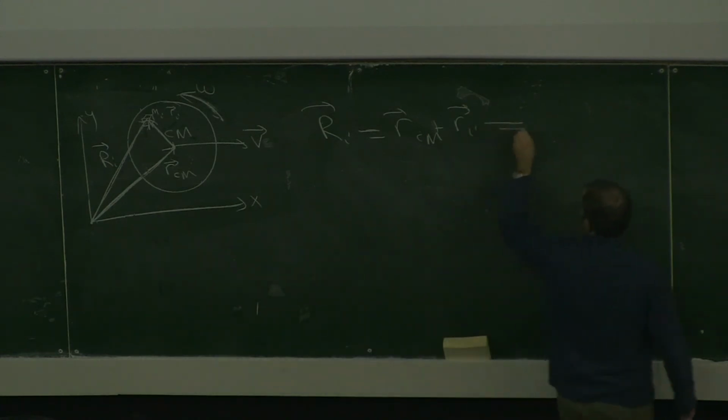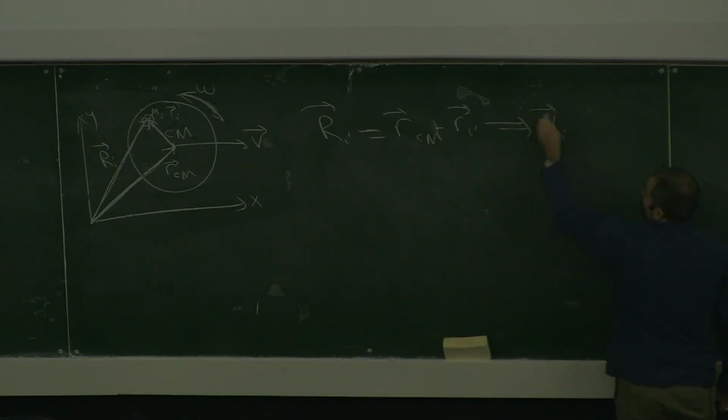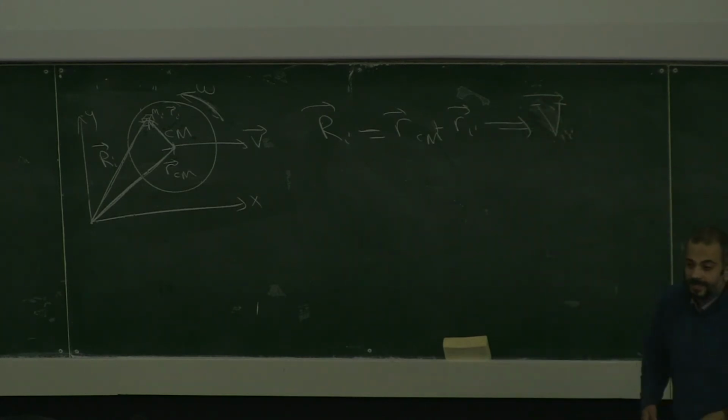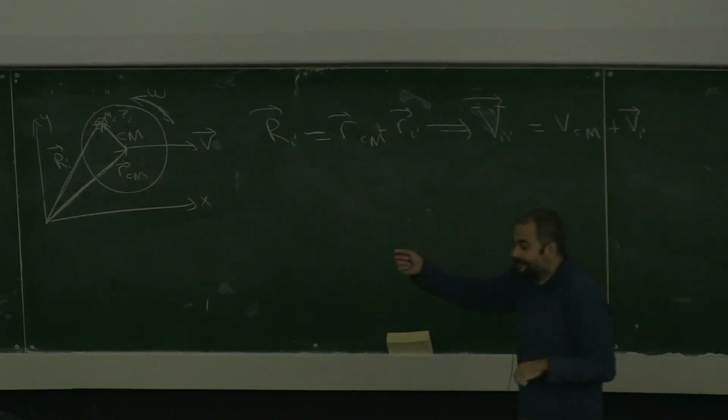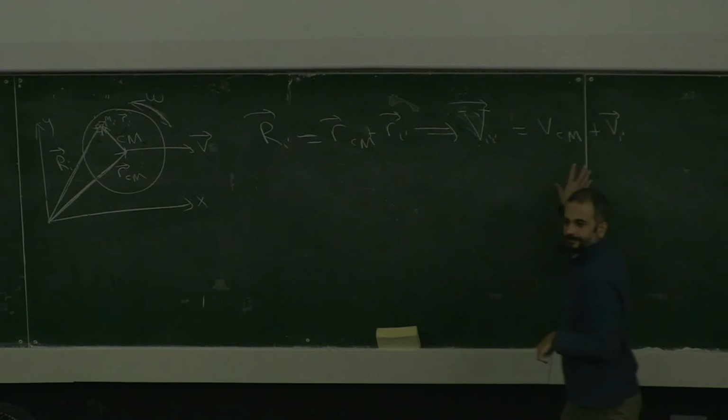But this means that the velocity of my ith point relative to the fixed coordinate axis is equal to the velocity of the center of mass plus the velocity of that small mass relative to the center of mass.